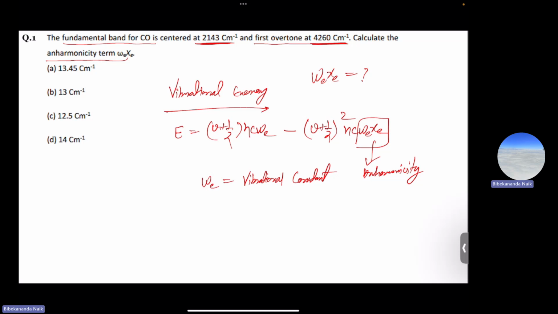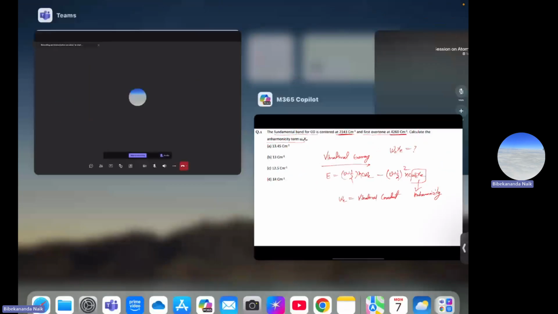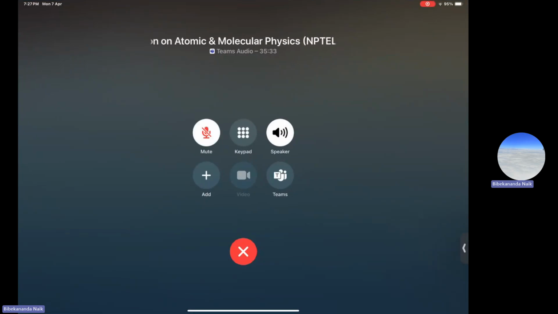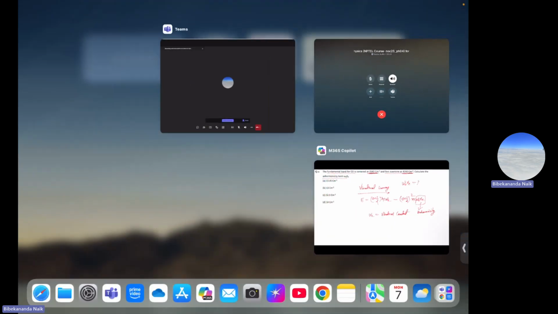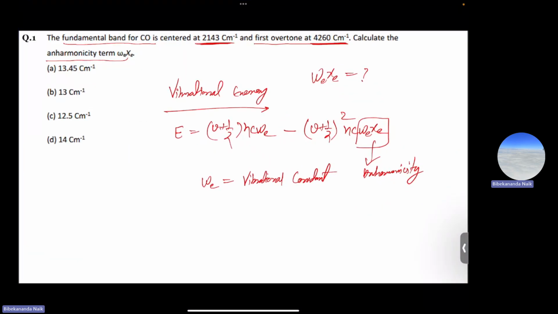Now, if we express it in terms of wave number, because in the question all the values are given in wave number, then this will be the formula.